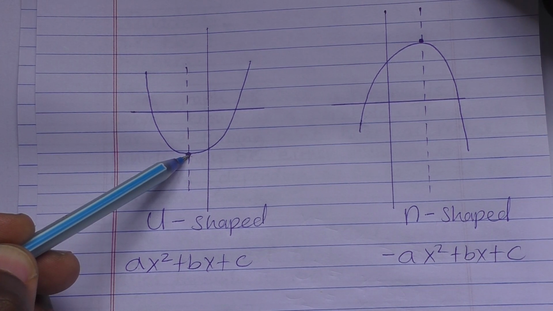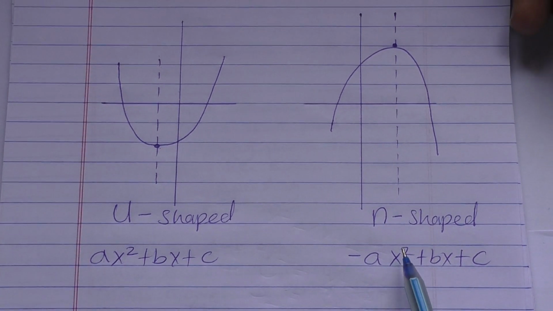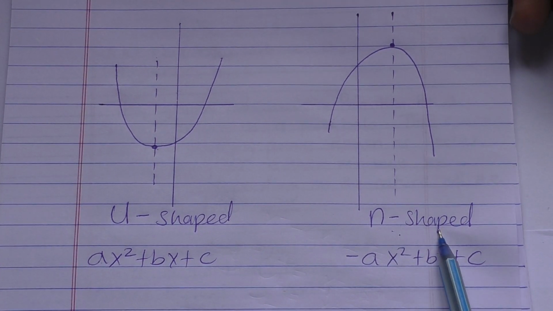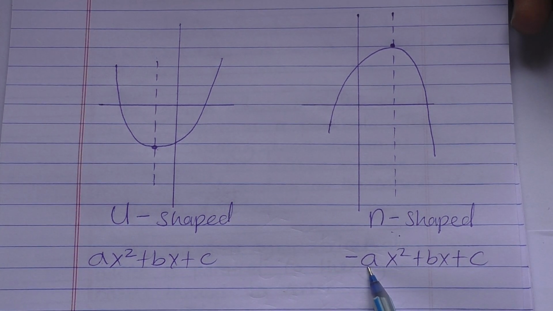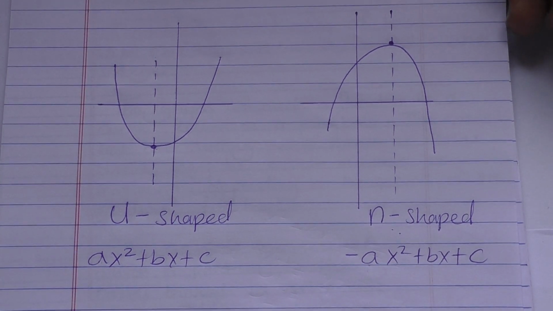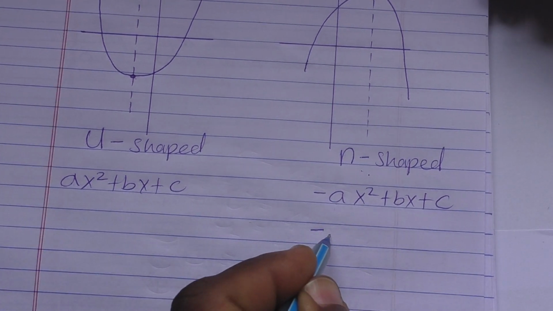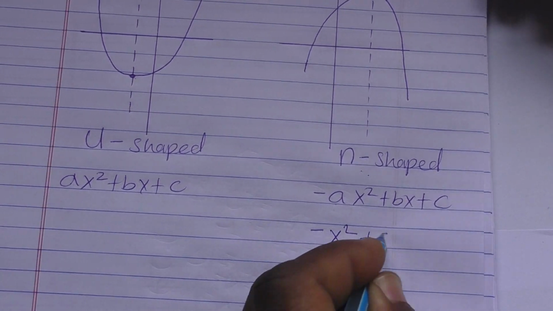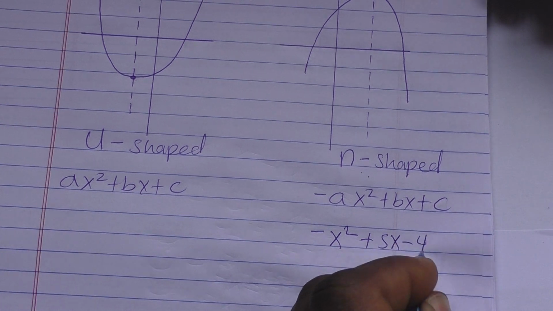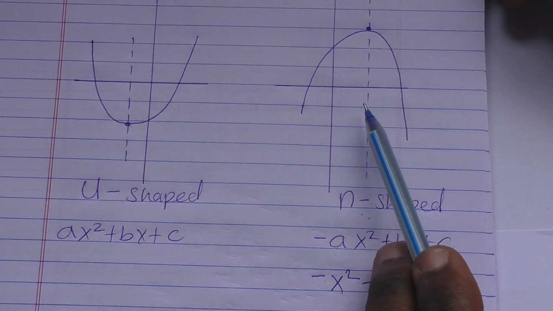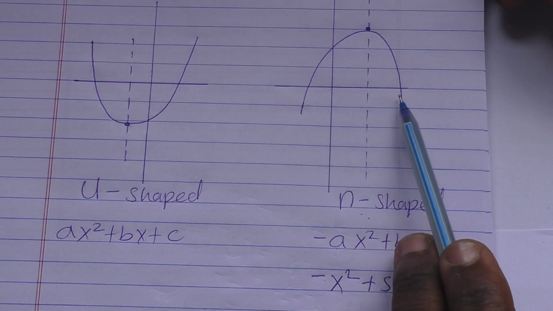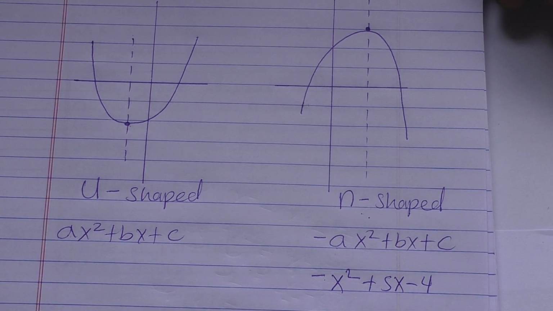vertex of the curve. Then we can also have the N-shaped curve if the value of a is negative. For instance, if you have negative x squared plus maybe 5 minus 4, if this is negative, then we shall have such an N-shaped curve.